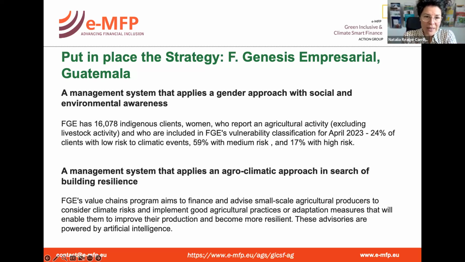Génesis Empresarial has value chain programs aiming to finance and advise small-scale agricultural producers to consider the climate risk and implement good agricultural practices or adaptation measures that will enable them to improve their production and become more resilient.